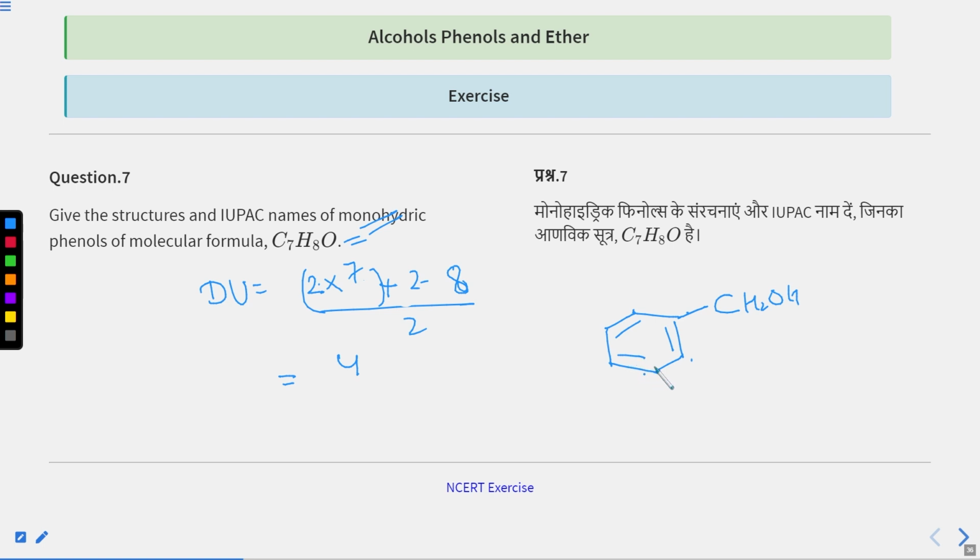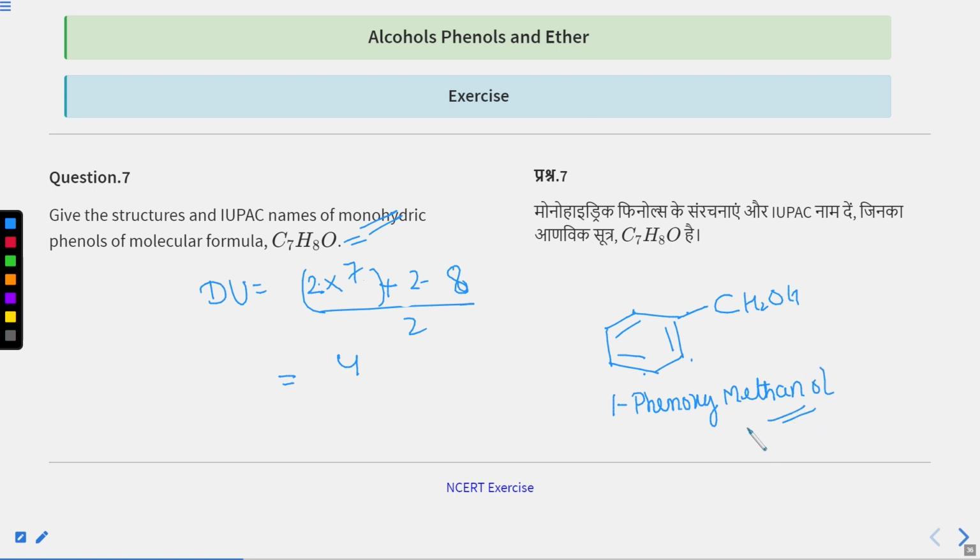Now what is the IUPAC name of this? So if I name it in this way, 1-phenoxy methanol.